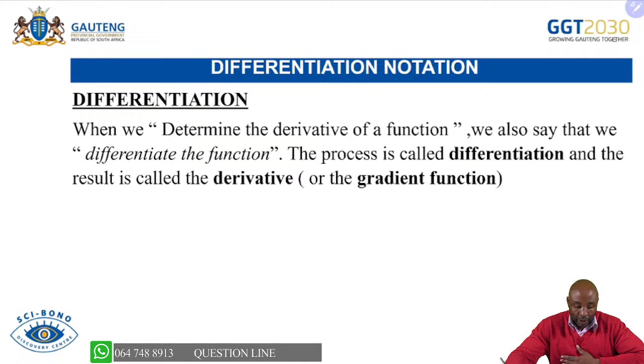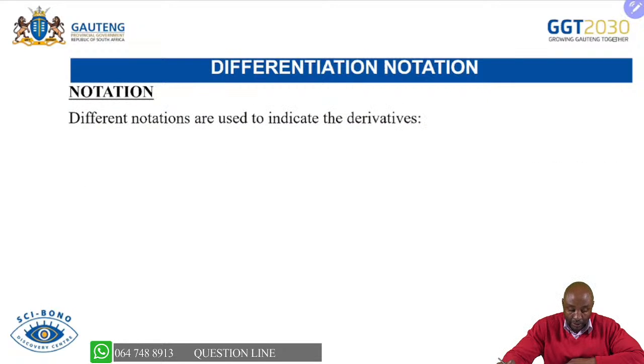As we have been doing, we're finding the first derivative from first principles, and the process of finding the derivative is differentiation. And you have seen that from first principles, we have worked with those functions, and we have seen what we're able to see.